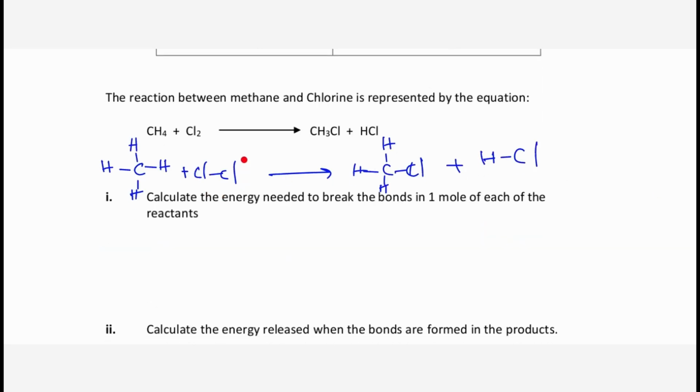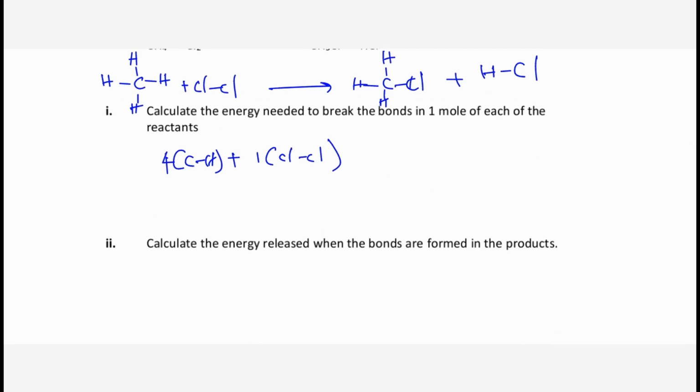Now, you can see in this reaction, there are two ways to do this. One is that you break all the bonds at the reactants. When I say all the bonds, that means you're breaking 4 C-H bonds and 1 Cl-Cl bond. And then you calculate the energy released when all the bonds are made. When I say all the bonds, you are making 3 C-H bonds, 1 C-Cl bond, and 1 H-Cl bond.